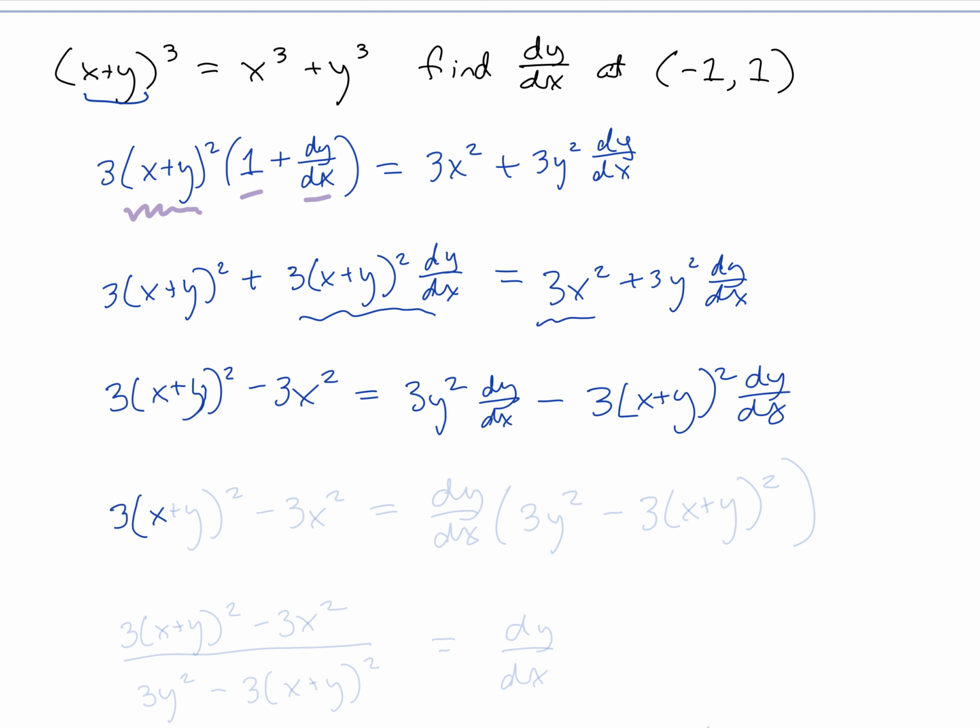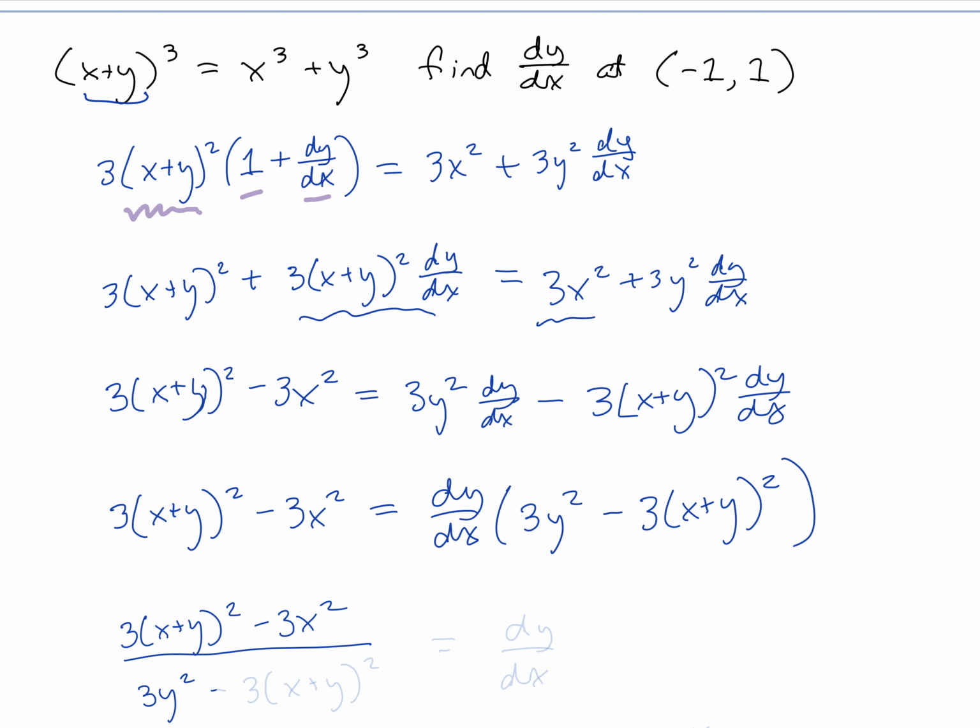So 3(x plus y) squared minus 3x squared is equal to dy/dx times 3y squared minus 3(x plus y) squared. And now solve for dy/dx: divide both sides by the multiple of dy/dx. 3(x plus y) squared minus 3x squared, divided by 3y squared minus 3(x plus y) squared, is equal to dy/dx.